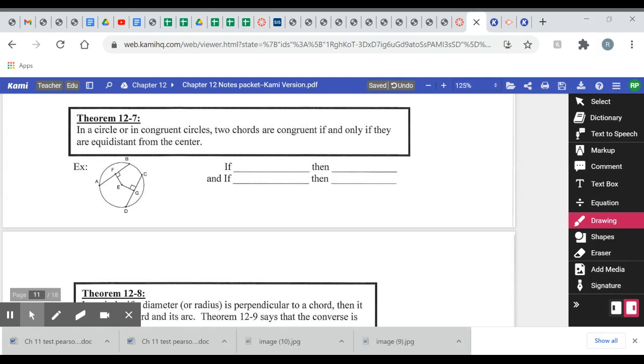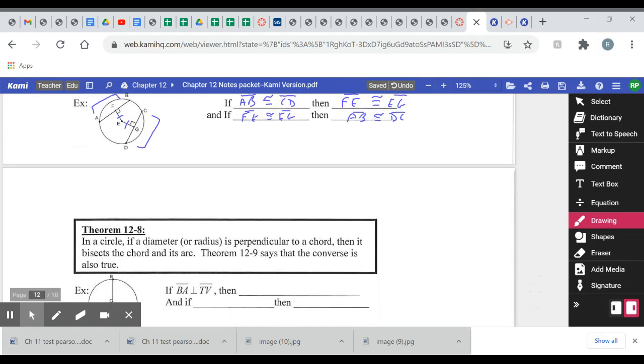For this specific example, if chord AB is congruent to chord CD, so this piece is congruent to that piece, then we know that segment FE must be congruent to segment EG, which is this piece and this piece. We also know the converse is true. If FE is congruent to EG, then AB is congruent to DC.